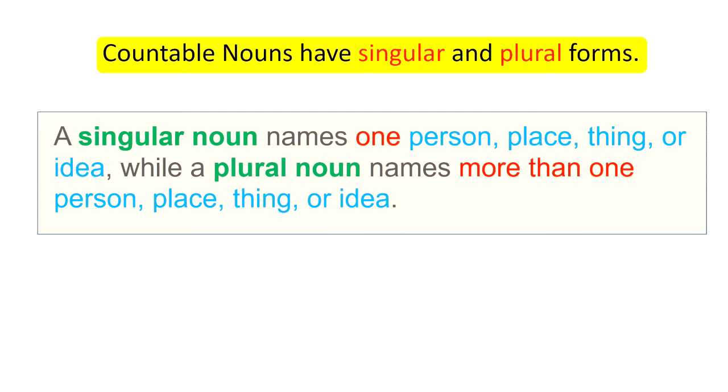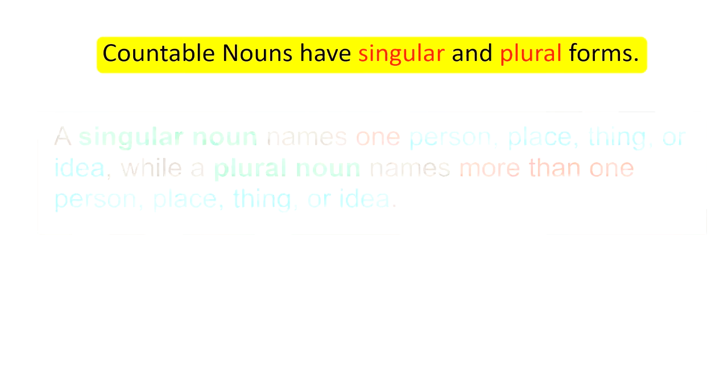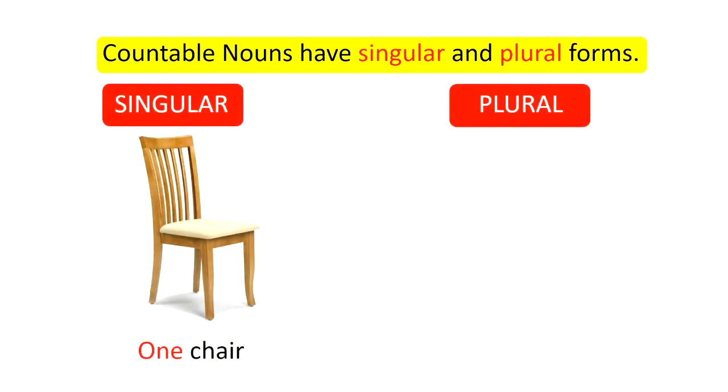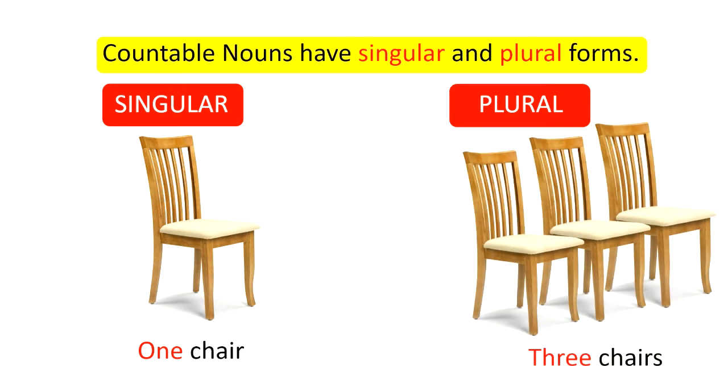Let us see this with the help of examples. One chair. So here one thing is referred to, so it is singular. Three chairs. Here three things are referred to, that means more than one thing is referred to here, so it is plural.